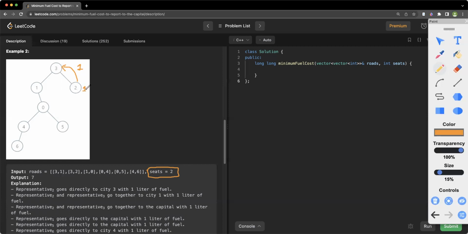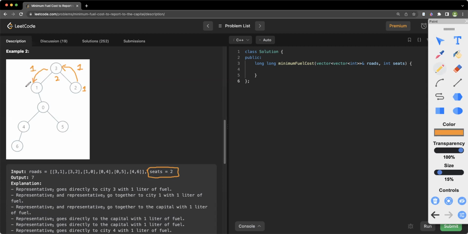At 3, we have 1 representative of city 3 and 1 representative of city 2. Both of them can fit in 2's car, right? So that car comes to 1.